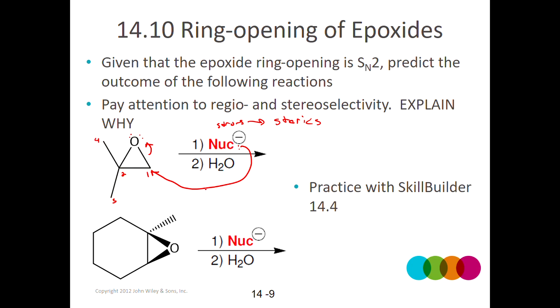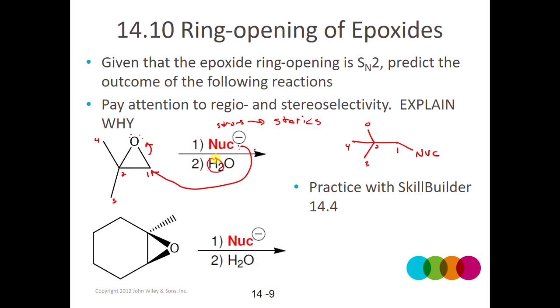If the nucleophile comes in and attacks carbon 1 because it's less crowded during the transition state, there's not as much repulsion that would occur. Carbon 1 would then be bonded to the nucleophile because it's coming in and forming a sigma bond there. Carbon 1 would no longer have a bond to the oxygen, that would open, but carbon 2 would. There'd be 3 and 4.